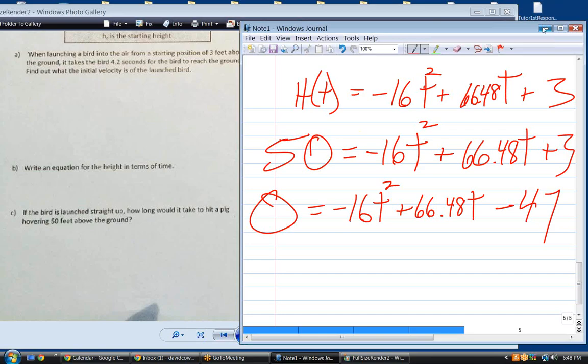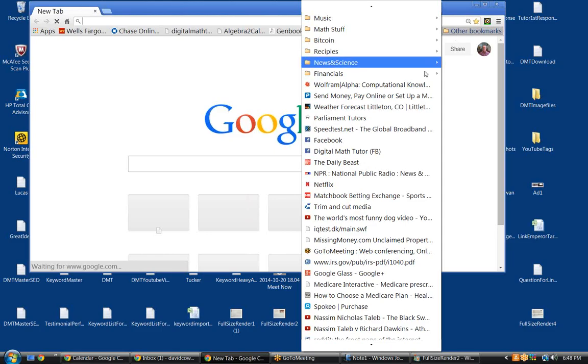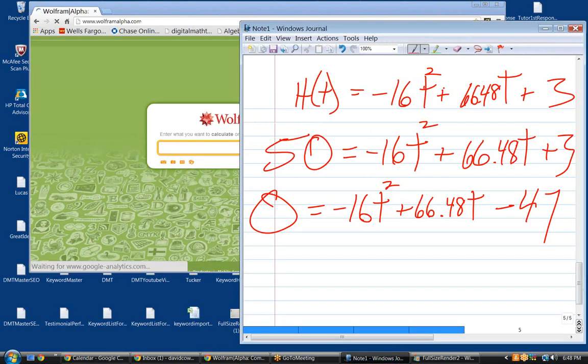Now, you can do this by using the quadratic formula, or I can do it on Wolfram Alpha and we'll get the last laugh. All right.